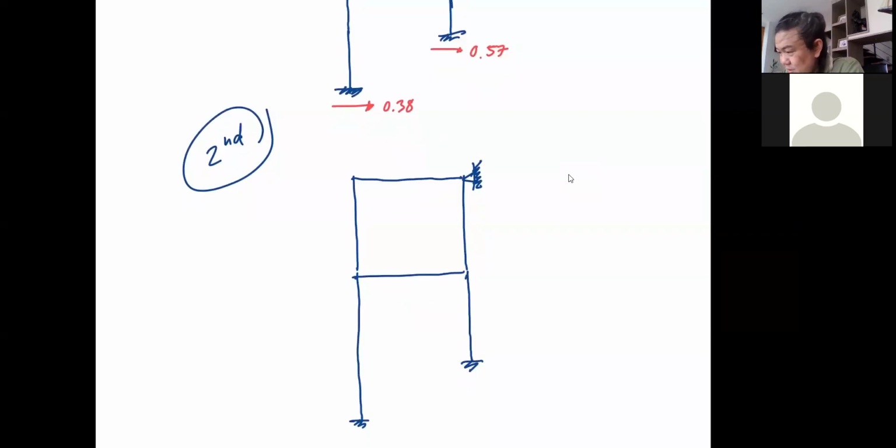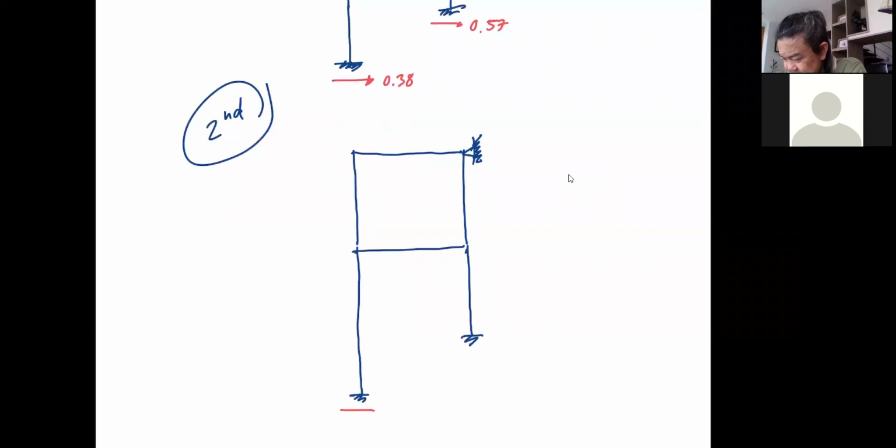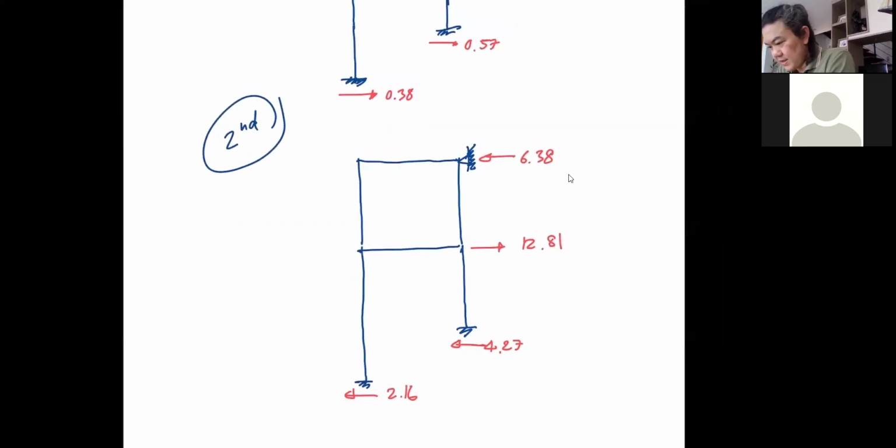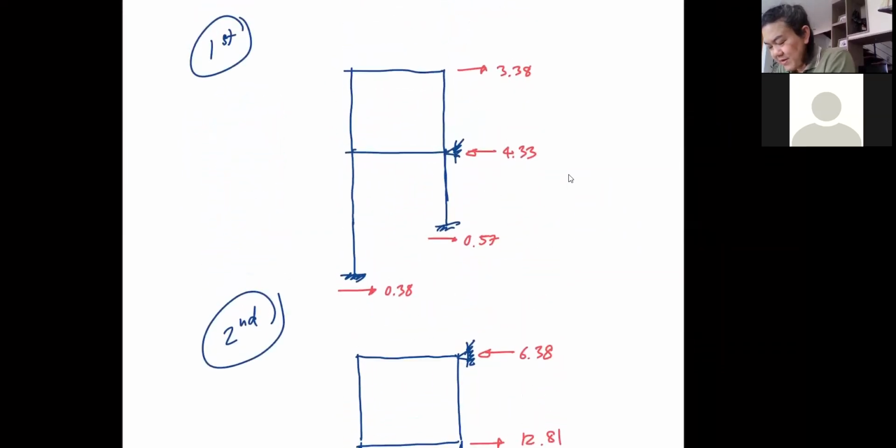Now, after the end moment, you get this: 2.16, 4.27, 6.38, and then 12.81. So now, I'm going to shrink this a little bit.